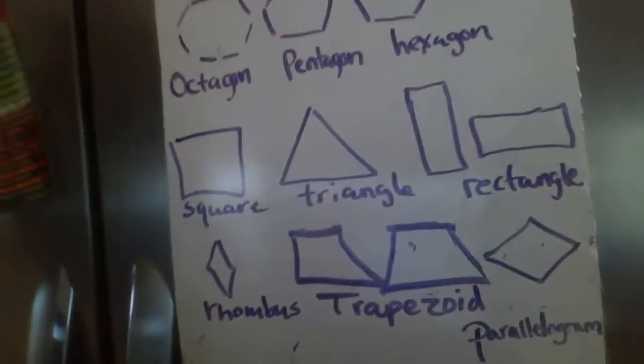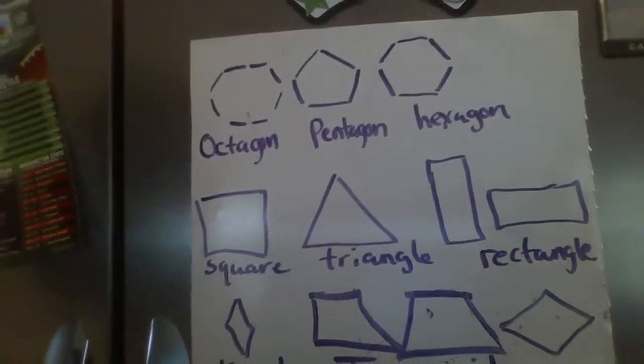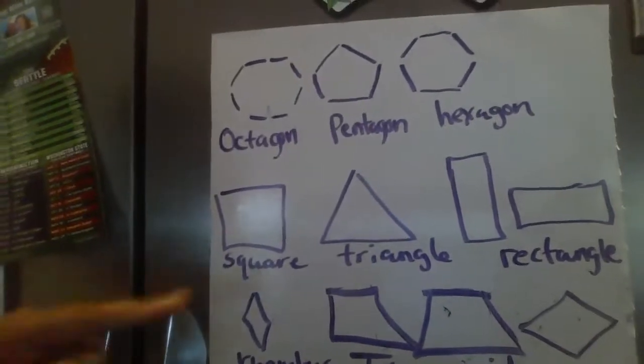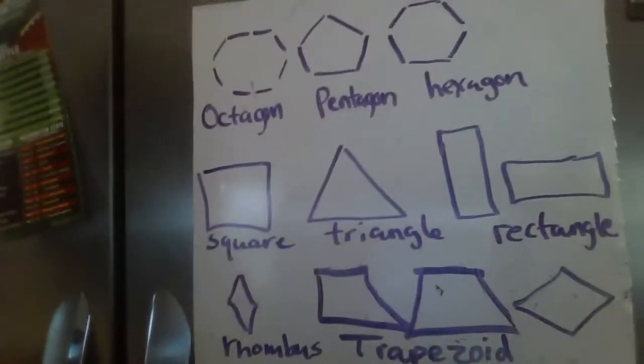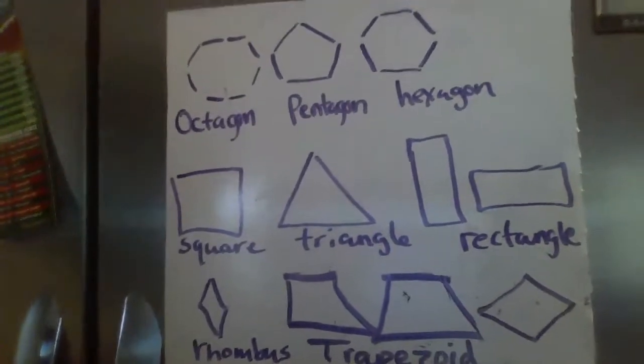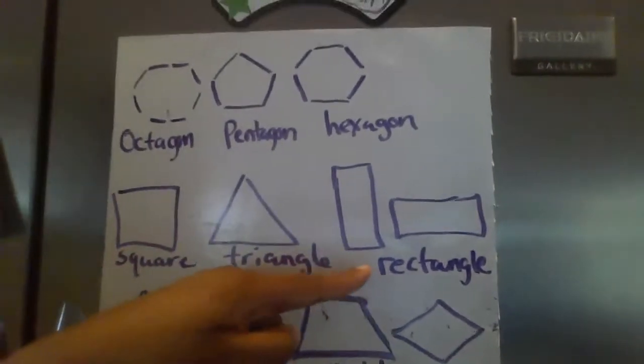Those are common shapes in our second grade geometry. You will also see squares, which are pretty common, and triangles. There are different ways to draw a triangle, but that's the main one. And then rectangles.